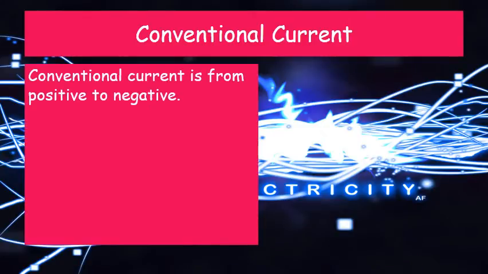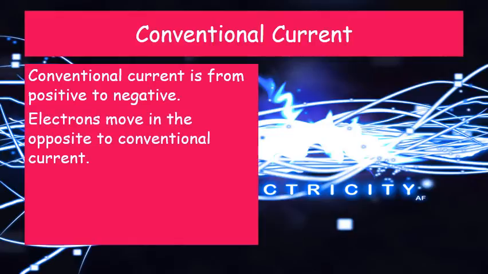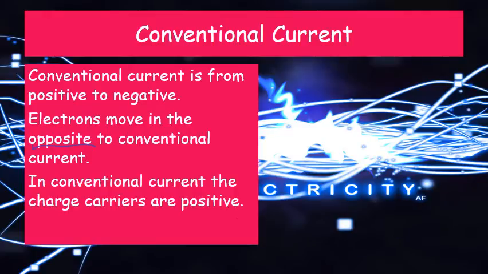So unfortunately, the one complication with current is the idea of conventional current. So conventional current, as we discussed in static electricity, goes from positive to negative. So electrons move in the opposite direction, okay, reinforce that, the opposite direction of conventional current. In conventional current, the charge carriers are positive, okay.